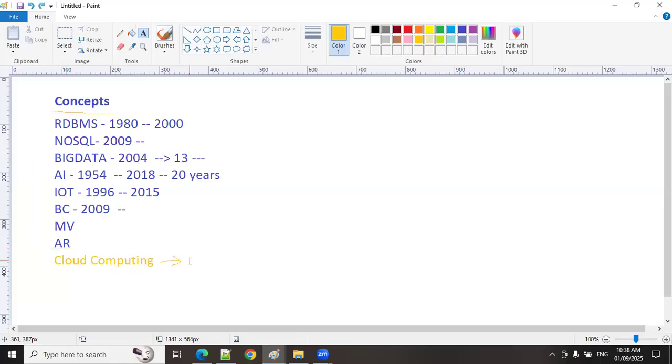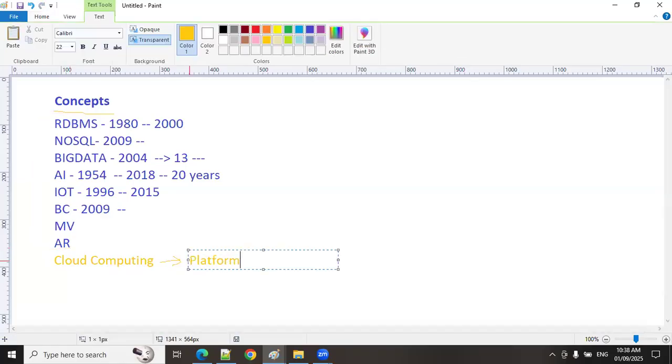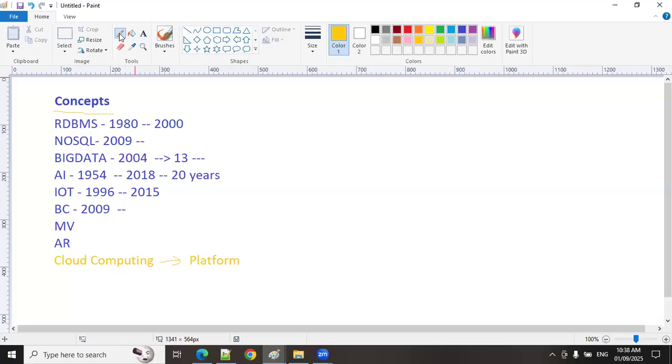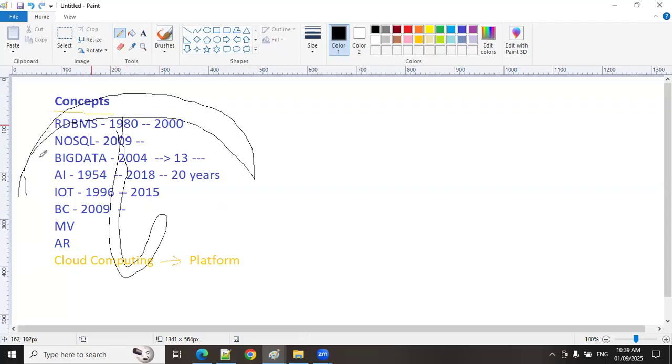Cloud is a platform. Cloud is a platform for... Platform అంటే it's a base. It's like a boat, కదా. So it's like a boat for all these concepts. Understood? It's like an umbrella for all these concepts.